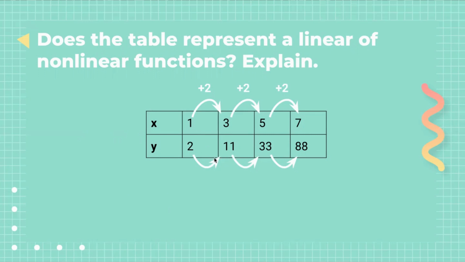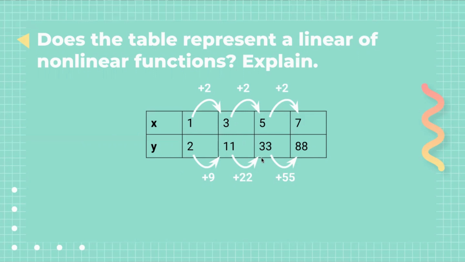As for your y values, however, from 2 to 11, you're adding 9. But you see here you have a big jump. You're going from 11 to 33, so now you're adding 22. And then another big jump from 33 to 88, you're adding 55. So if you look at your y values, the rate of change is no longer constant.